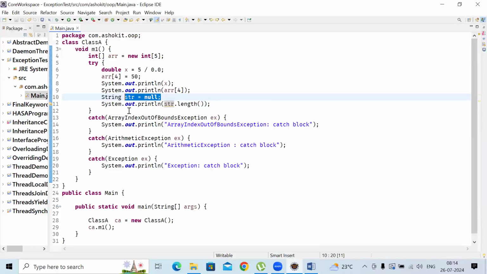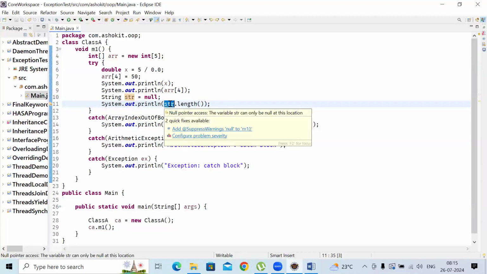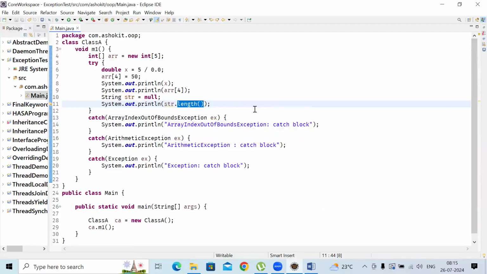Coming to line number 11, I want to print the length of the string. You know length already in the string concept. What's the value in this str object? Null. This object has a null value, and you are calling the length method to find the length of the string.